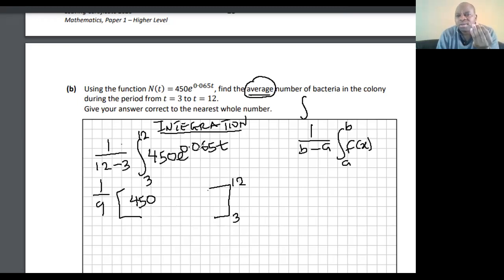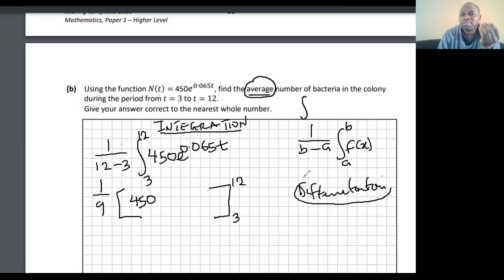Don't mix integration with differentiation. Otherwise, you will miss everything. So many students will be differentiating instead of integrating. This is common to many students anyway.